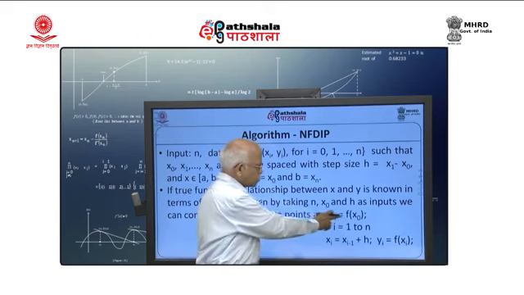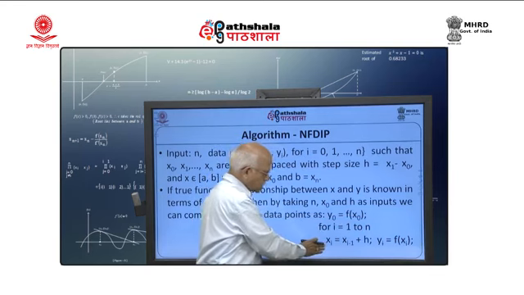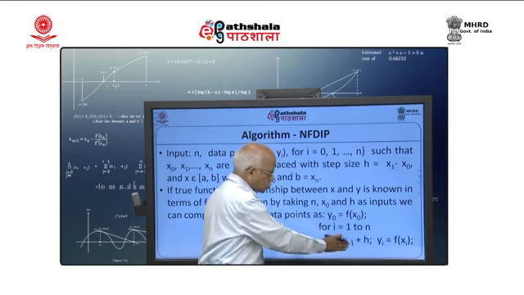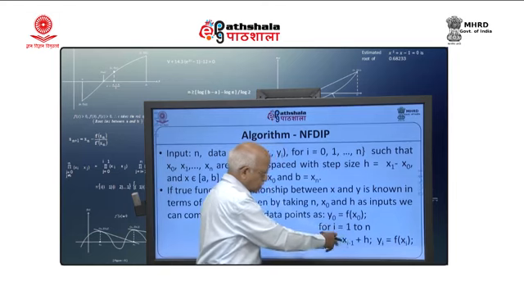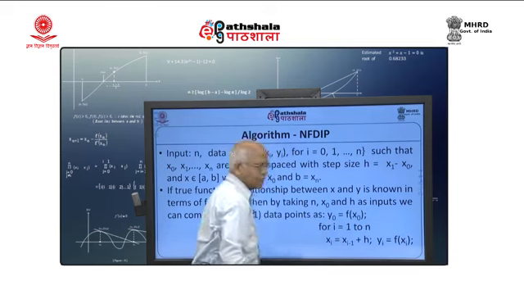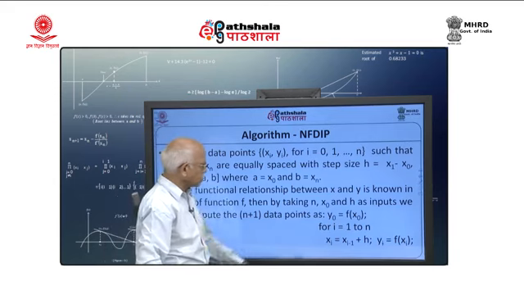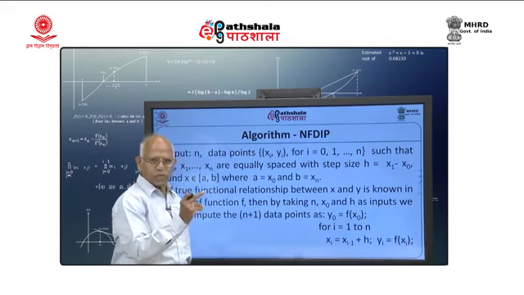For example, y 0 will be equal to f of x 0, and for i equal to 1 to n, we compute x i as x i minus 1 plus h. So, iteratively we generate the arguments, and then you evaluate y i as the function value at x i. So, that we can do, provided we know the functional relationship between y and x.